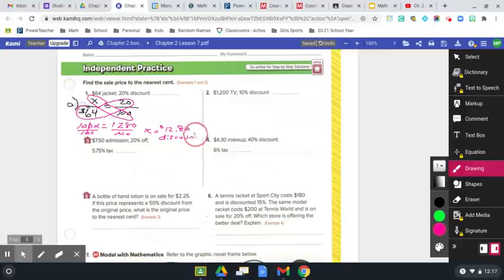That's just how much money you're saving. You're saving $12.80 on that jacket. That's not the sale price. You're not done. That's just how much you're saving. So then step B, second step, you want to know the sale price. So you want to take that $64 and subtract away the $12.80 discount that you have. Okay.